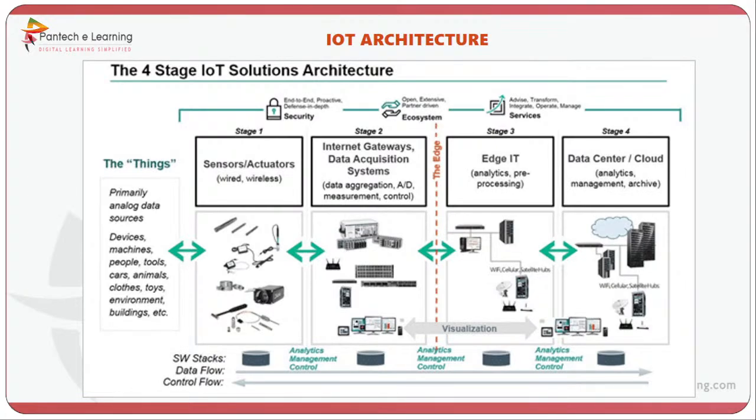Same thing, any data or any website needs space to upload the data, and that will be a cloud. So in this cloud platform we are uploading the data for future use. That also comes under the internet of things architecture.